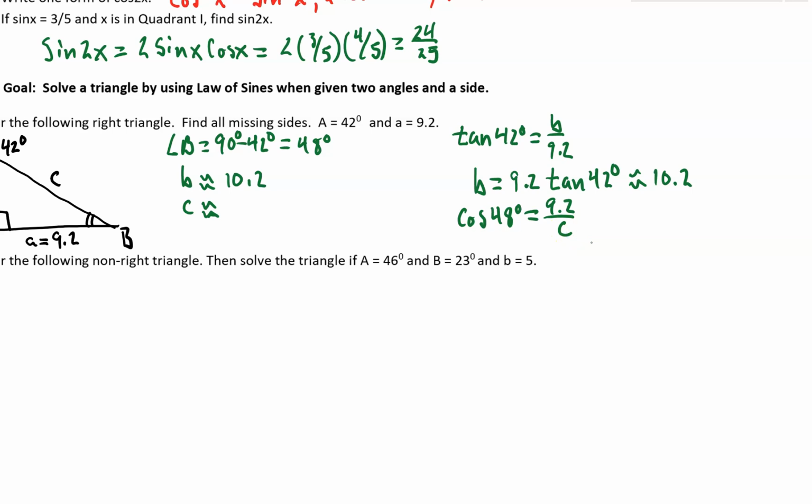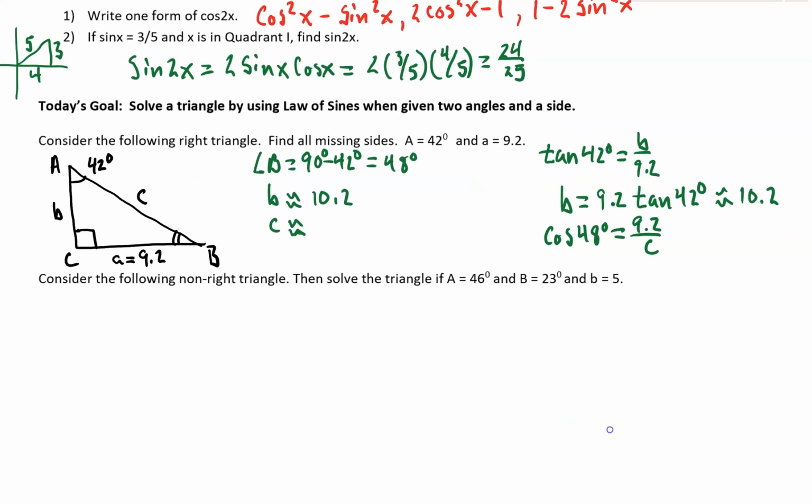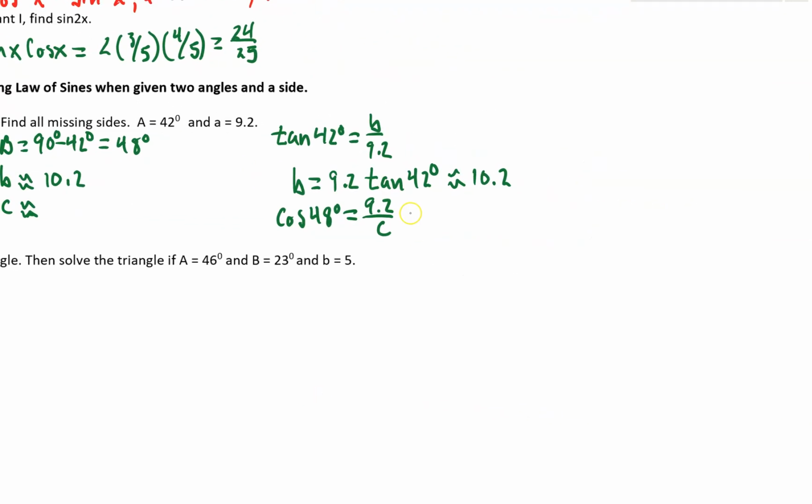Now, keep in mind that I don't have to go from B. I could go from angle A. I do know the opposite side, and I would then just find the c, but we'd be using a sine function instead of a cosine. In this particular problem, we're going to move c to the right, so we're going to multiply both sides by c and then divide by cosine of 48 degrees. So we're going to have 9.2 divided by the cosine of 48 degrees.